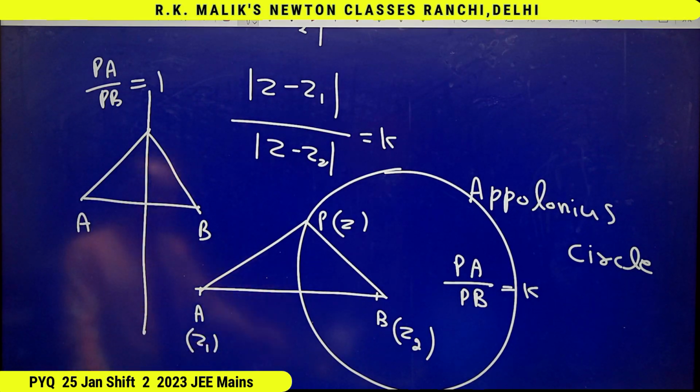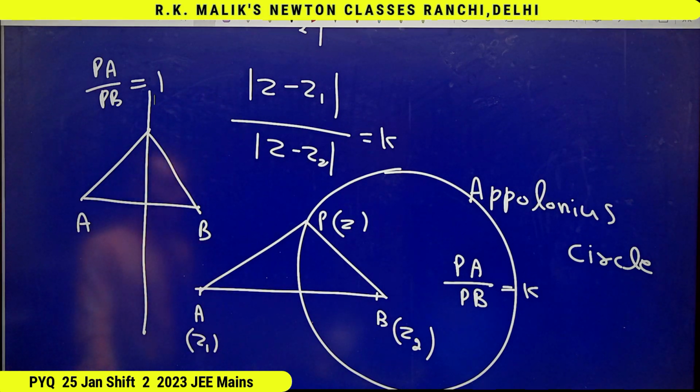And using these concepts, I'm going to do this question. This is a very important and very useful concept. The complete theory of this, that is why it is a circle, the complete geometrical interpretation, you will have to see in my video lecture of the chapter of complex numbers made for JEE level.